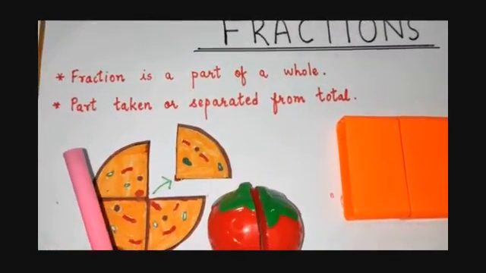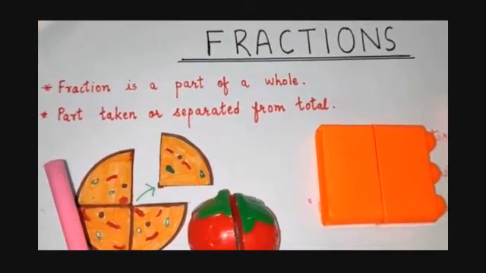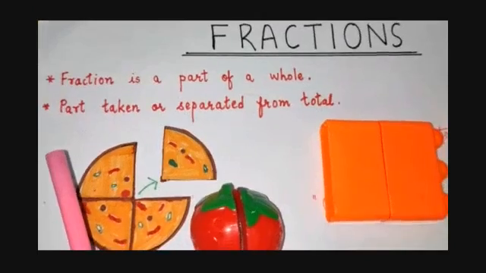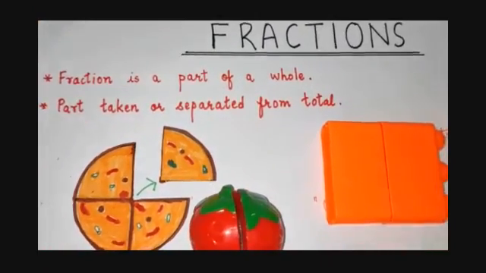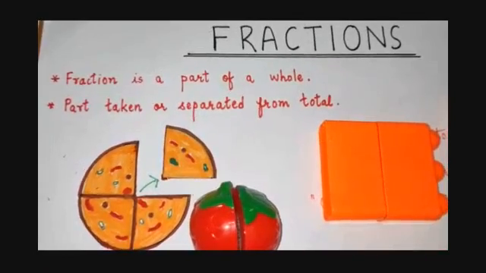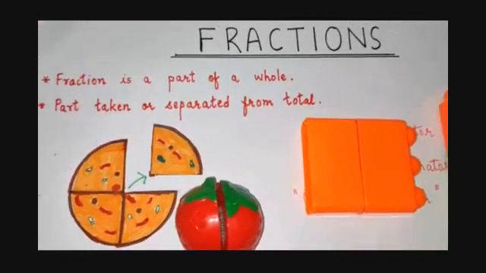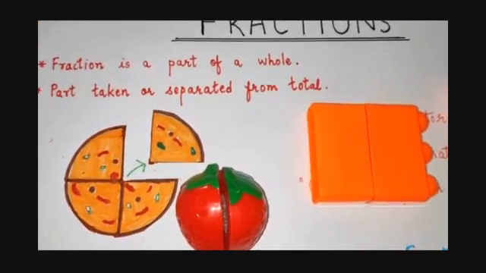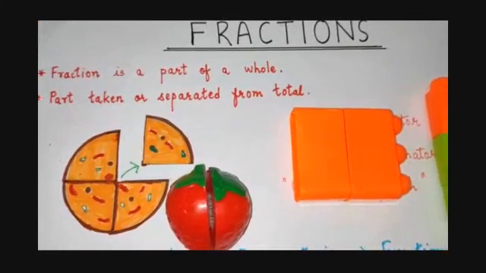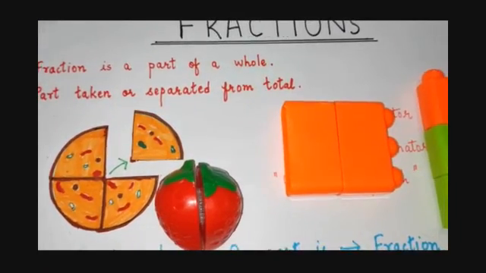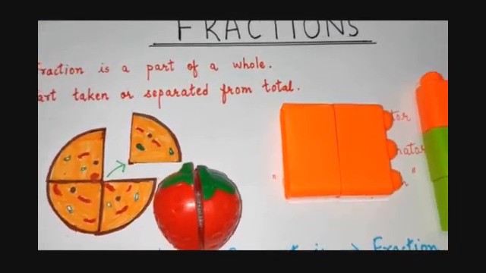So a fraction is also considered as a part that is taken or separated from the total number or the whole object. The definition given in your book says a fraction is a number that stands for parts of a whole object or a collection of objects.